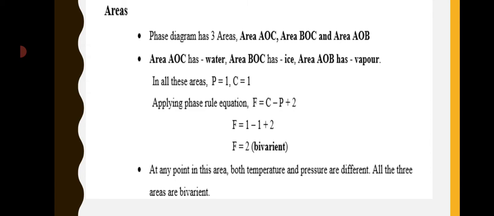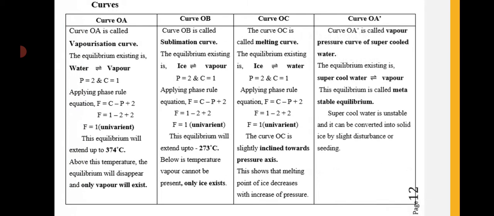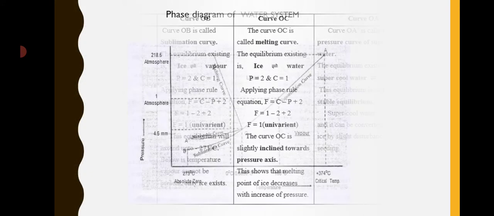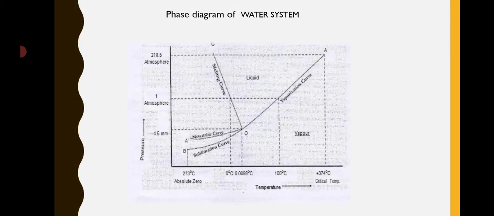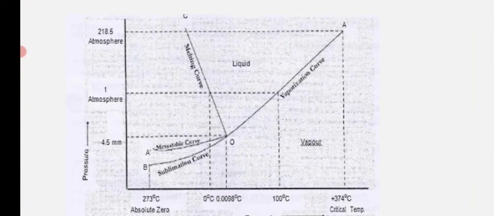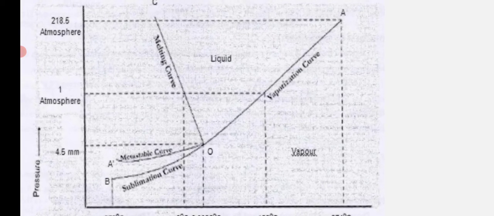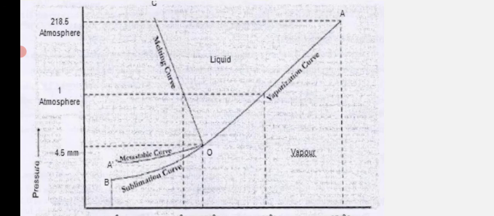Next, areas. The phase diagram gives three areas: area AOC, area BOC and area AOB.